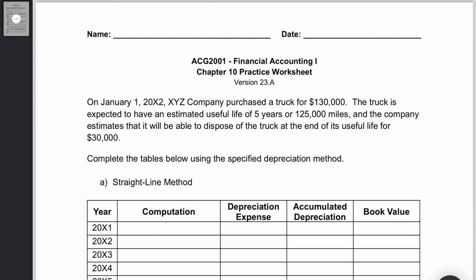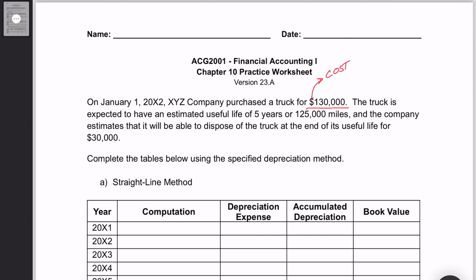So there are several methods that we could use to calculate depreciation. The one we're going to be working on first is the straight line method. So let's take a look at the problem. On this one, our company purchased a truck for $130,000. This is going to represent our historical cost. I'm just going to write it as cost.